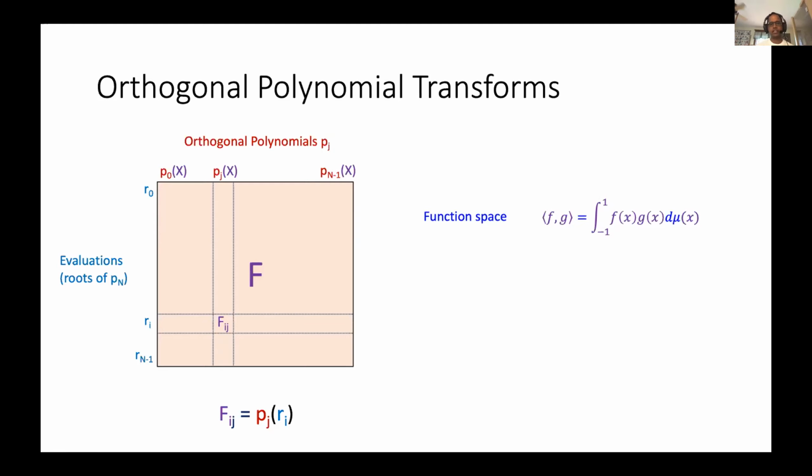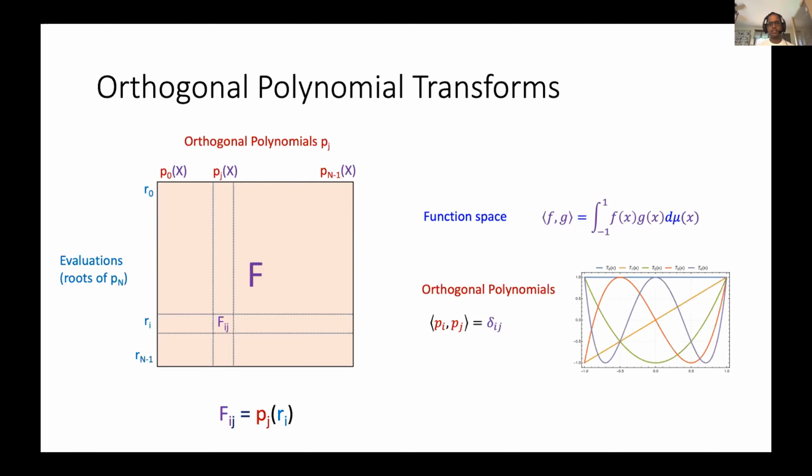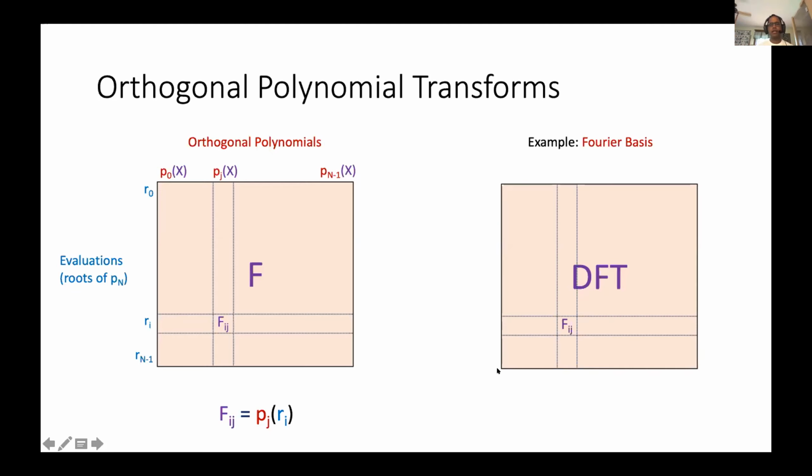Given any such measure, with fairly trivial restrictions, you can always come up with an infinite family of polynomials that is orthogonal under this measure. So if i is equal to j, the inner product is 1, and if i is not equal to j, then the inner product is 0. Okay, and I'm going to start off by saying one example is the DFT, though here I'm kind of cheating.